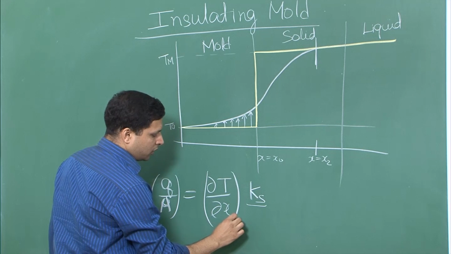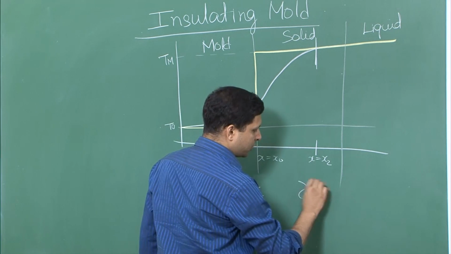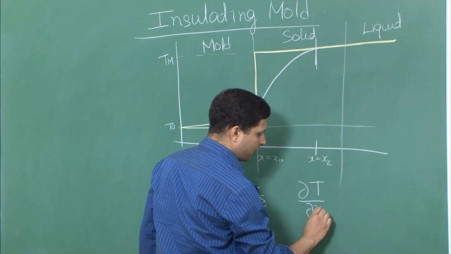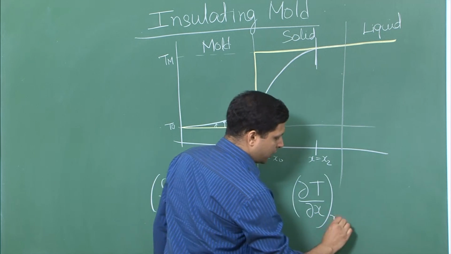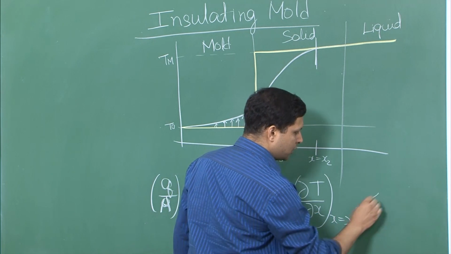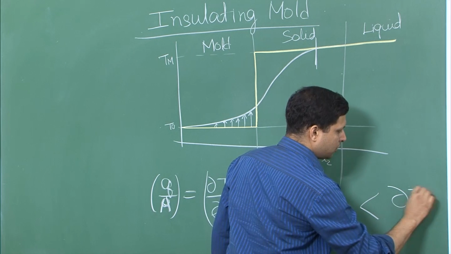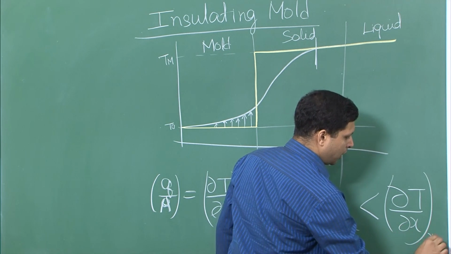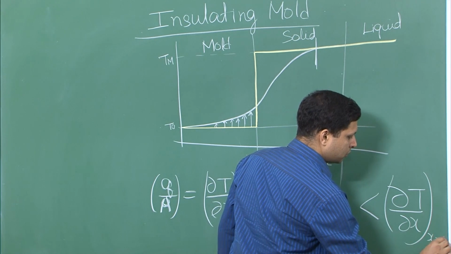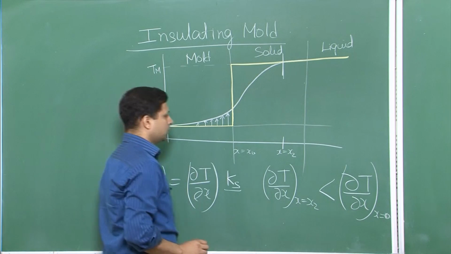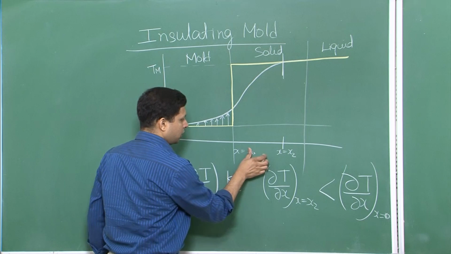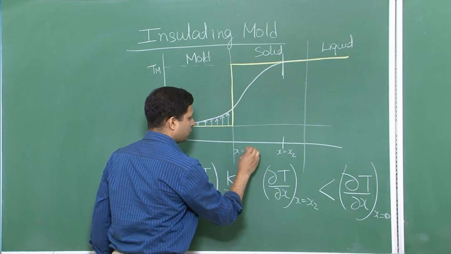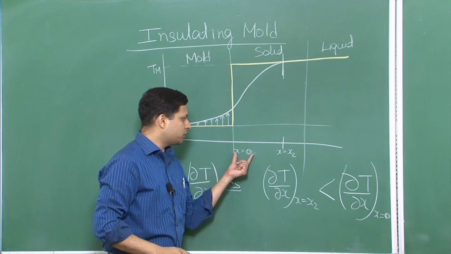So the quantity delta T over delta x at x equal to x2 is less than delta T over delta x at x equal to 0. We have been using this as 0, not x0. This is x equal to 0.